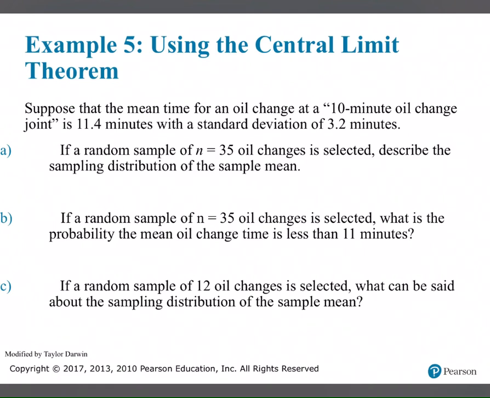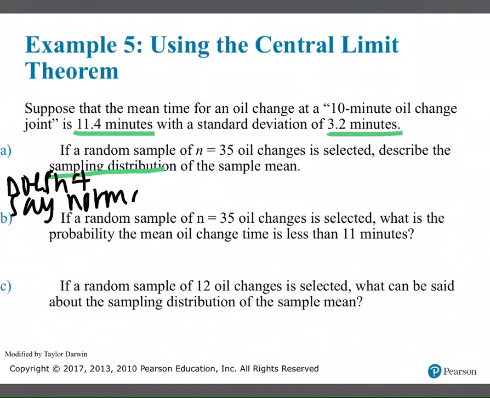Okay, so this says, suppose the mean time for an oil change at a 10-minute oil change joint is 11.4 minutes with a standard deviation of 3.2. It says, if a random sample of n equals 35 oil changes is selected, describe the sampling distribution. So describe the shape. Well, nowhere on here does it say that it's normally distributed. Doesn't say normal. Well, how do I know?